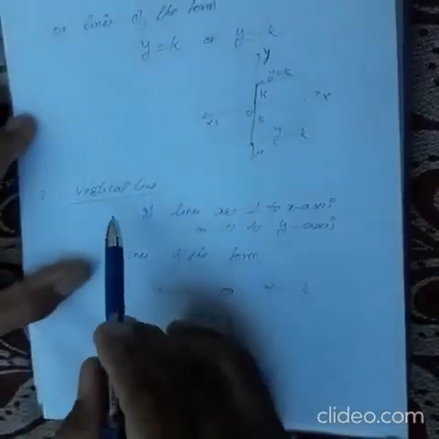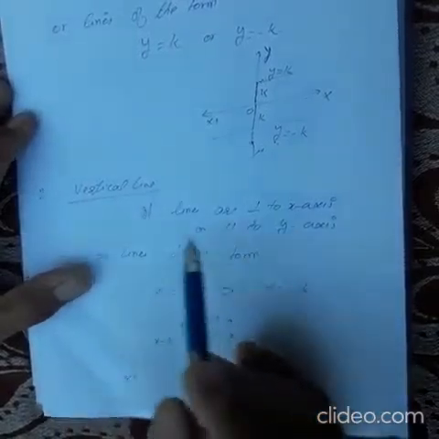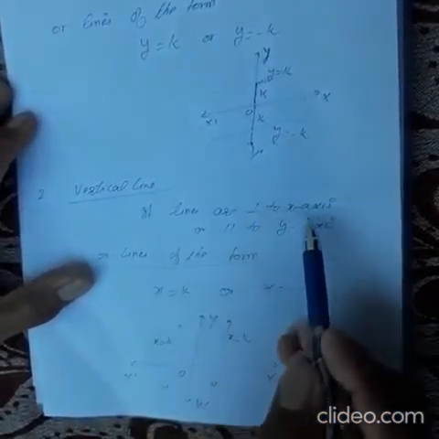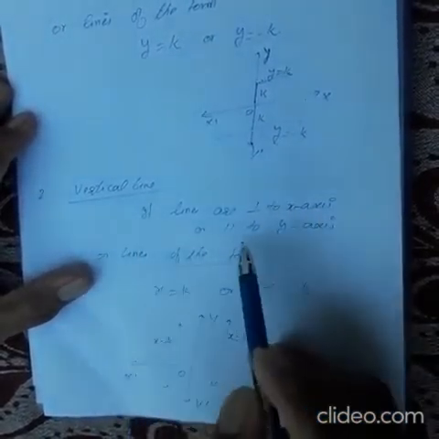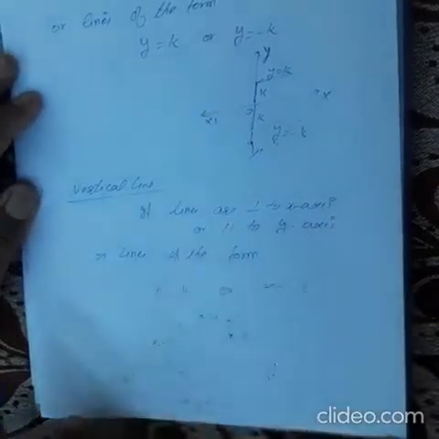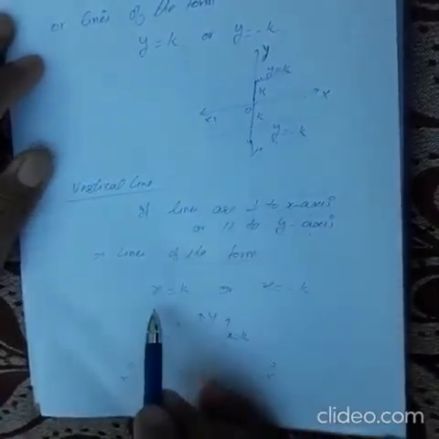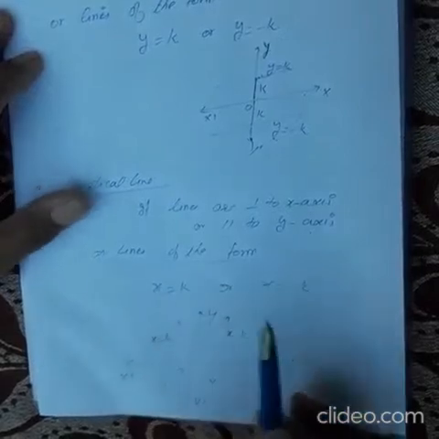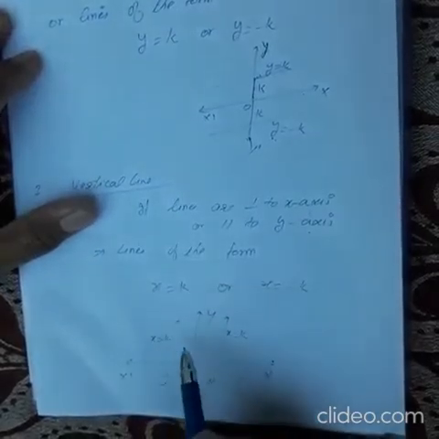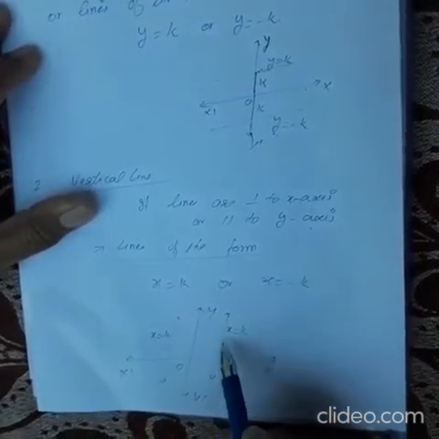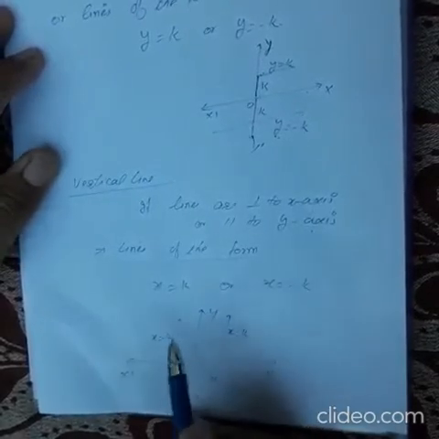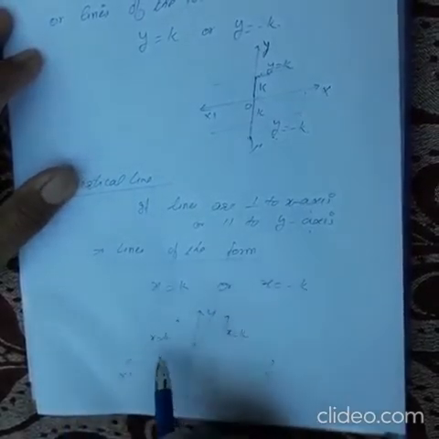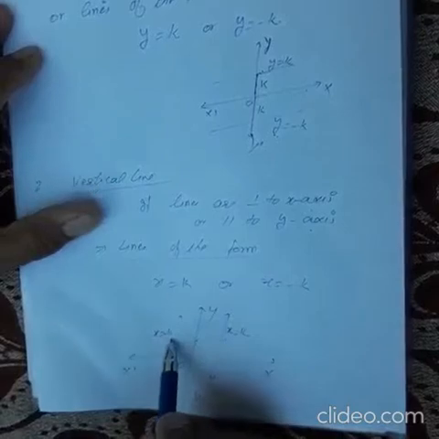Second, the vertical line. When the line is perpendicular to the x-axis or parallel to the y-axis, it is of the form x is equal to k. It means these two positions. This may be the line parallel to the y-axis. Similarly, x is equal to minus k.